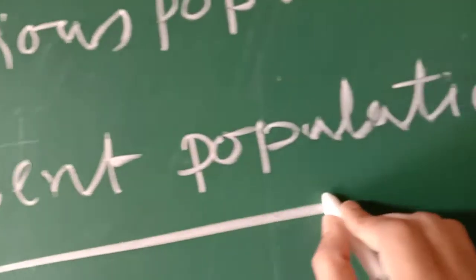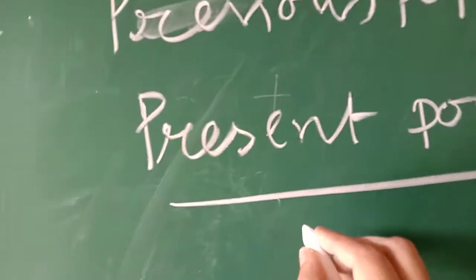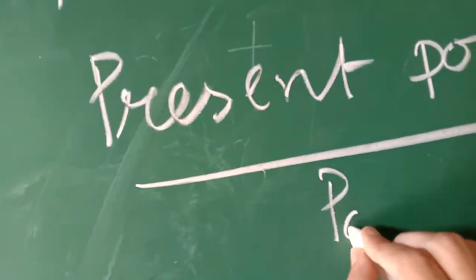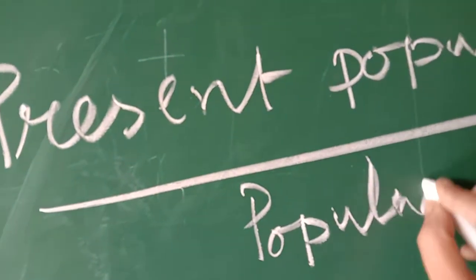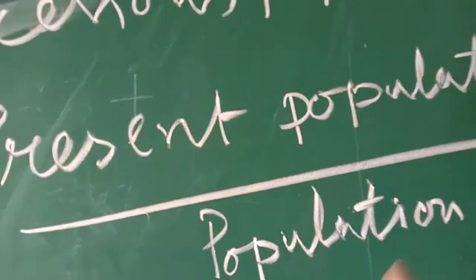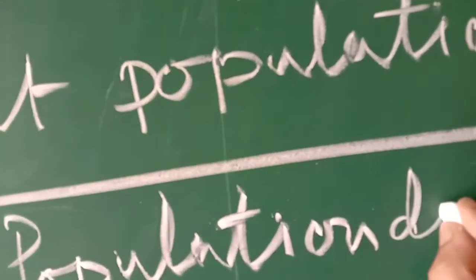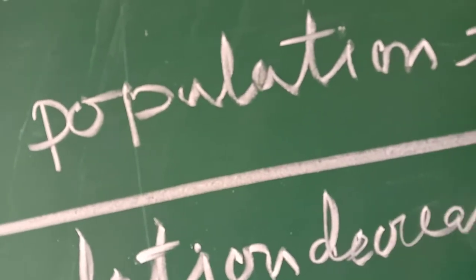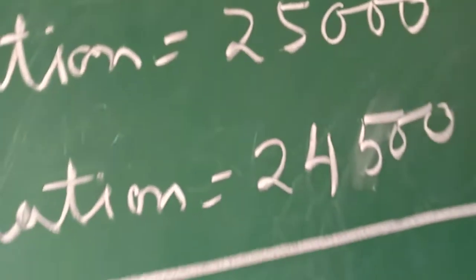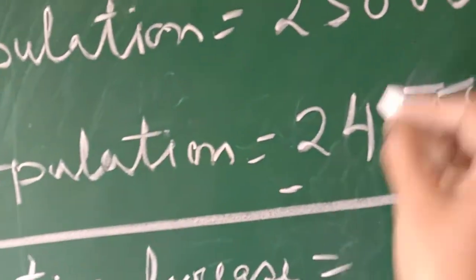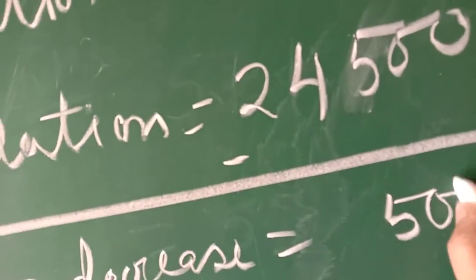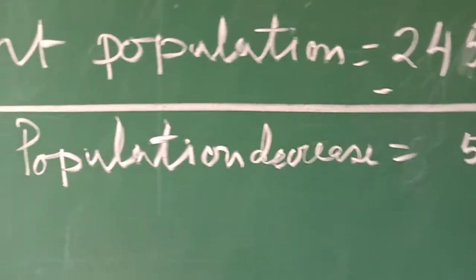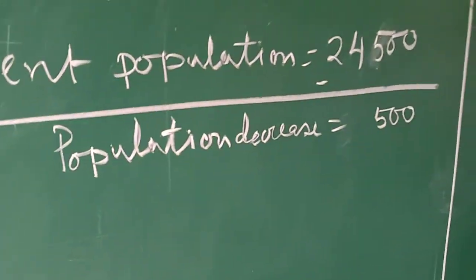So the decreased population, if you subtract, you will get 500.